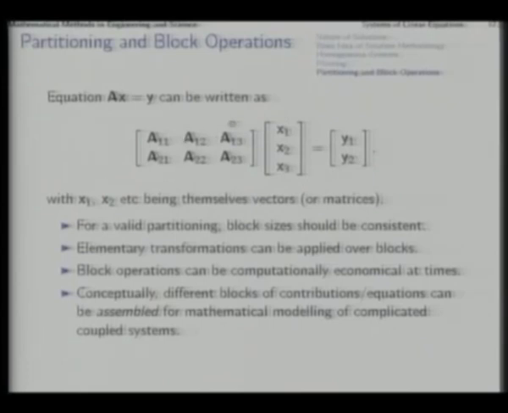What I mean is the following: a large matrix A and a long vector x and another long vector y may be forming a system Ax equal to y, and if we write it in broken form, then it will mean A11 x1 plus A12 x2 plus A13 x3 equal to y1 and so on. So, we will have the first row block.